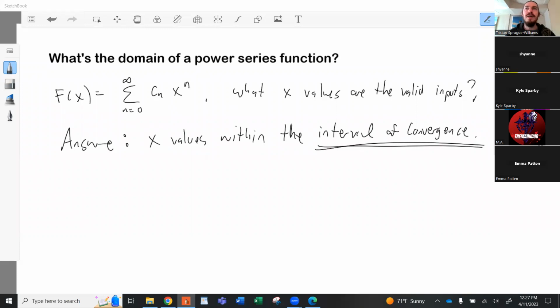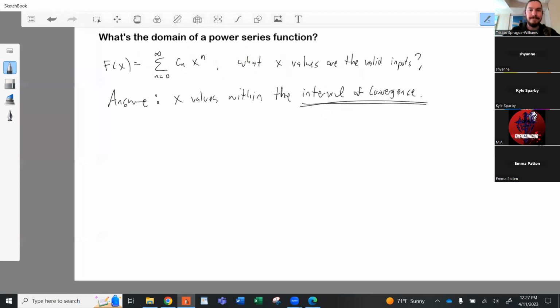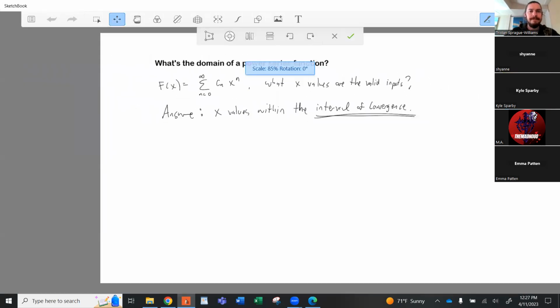The technique is going to be totally different, but the type of question we're asking is just like finding the domain of a function like you did back in pre-calc, where you say, let's make sure we're not dividing by 0, or we're not putting negatives under square roots. Except this time it's about making sure the x value gives us a convergent series as opposed to a divergent series. So that's what we'll be doing.